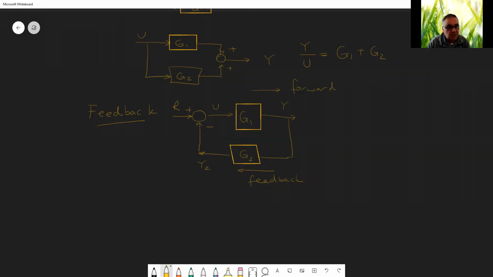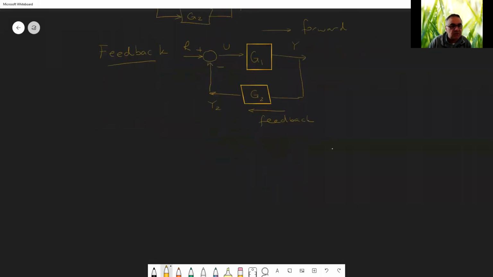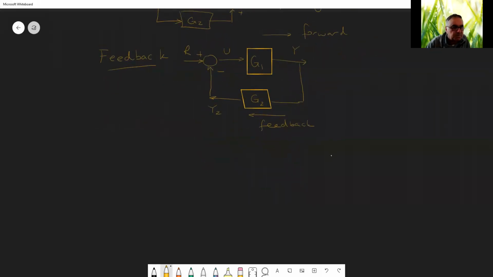If you try to derive the transfer function, let me do that and I will stop. Let's say that R is the input, Y is the output, okay? And there is a feedback. As you see, we start from Y equal to G1 times U. Well, this is just a regular thing. But U is equal to R minus Y2.